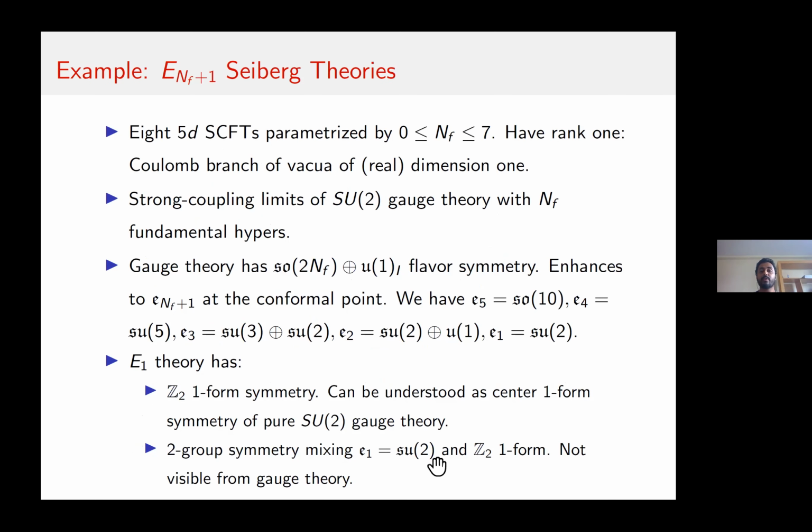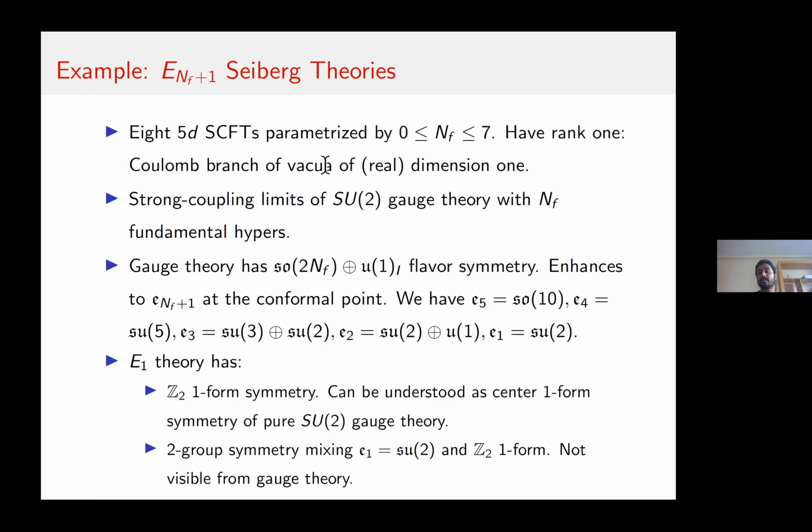So let's review a well-known example of these 5D SCFTs. The example we consider are known as E_{NF+1} theories or Seiberg theories. So we start by considering 8 5D SCFTs, which are parameterized by this number NF, and it goes between 0 and 7. All of these SCFTs have rank 1.